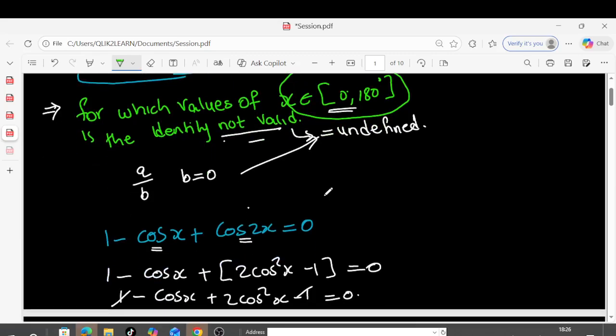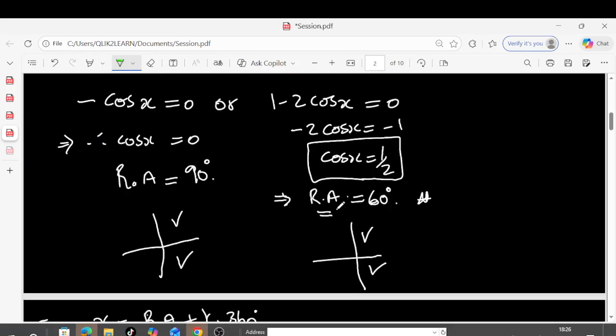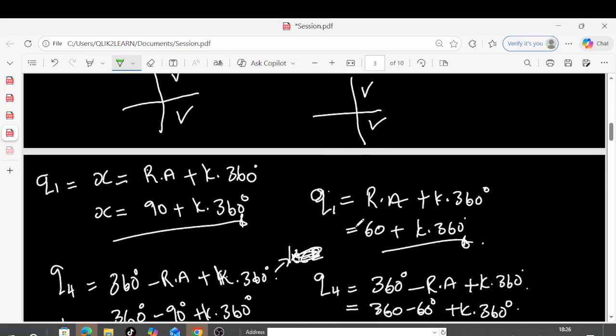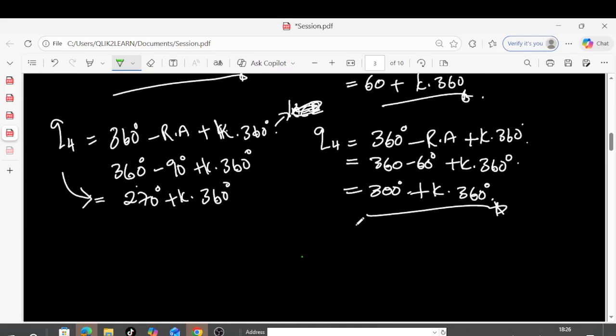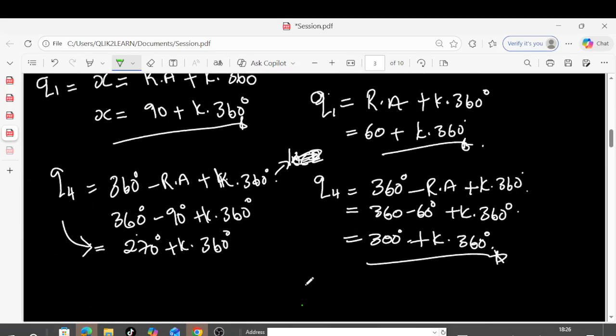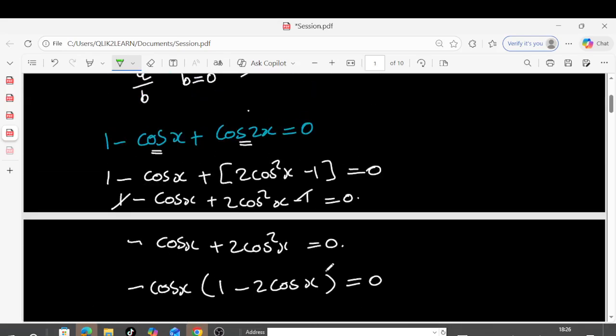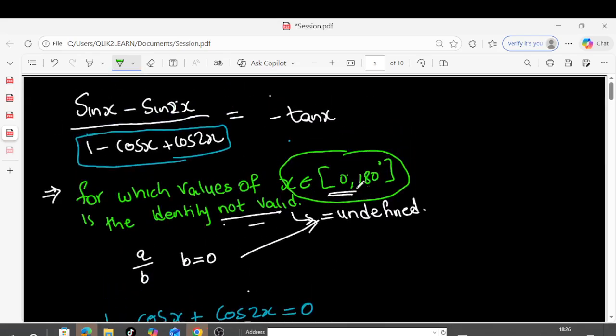I know most of the time at school, guys, you use n. You can do that, don't worry. So now we are not done solving the problem. So now look at this. The question said your n should be an element of 0 and 180.